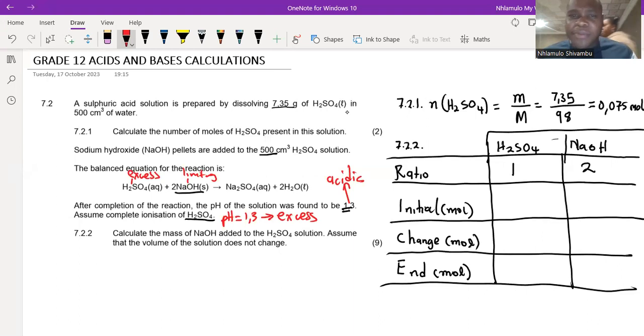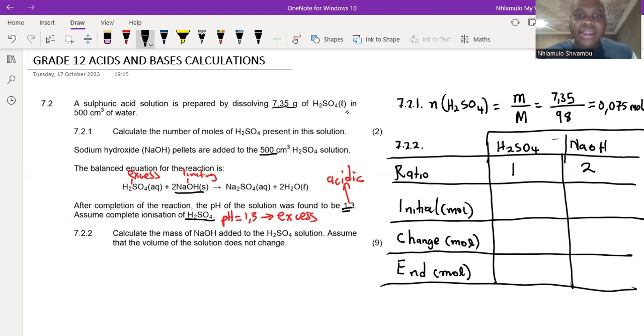And where do we get this from? We get it from the pH of 1,3. If the acid is in excess, NaOH is limiting.